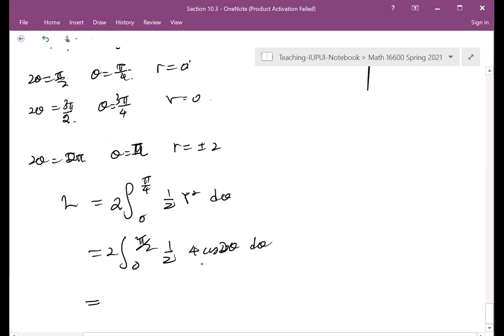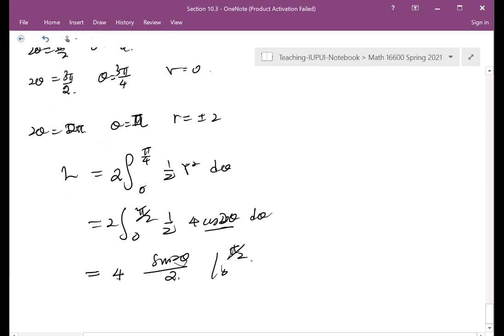Then you find the antiderivative. So this is 4 times the antiderivative of cosine 2 theta, which is sine 2 theta divided by 2.